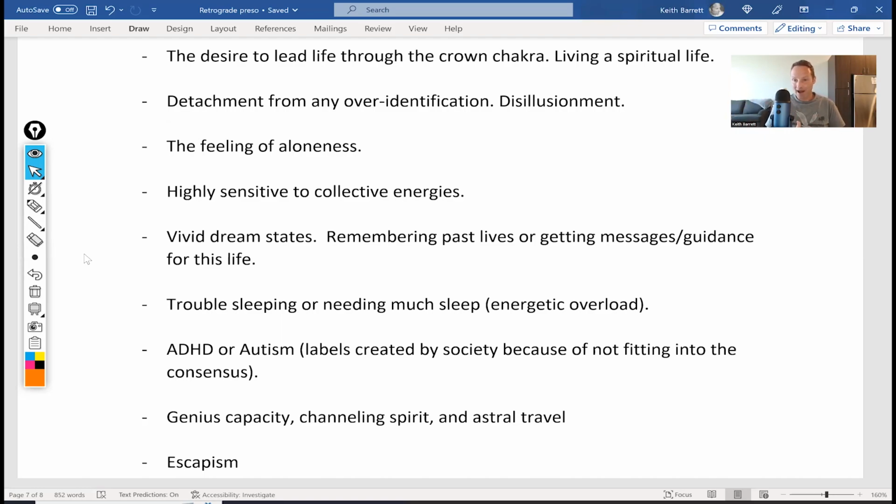And so if you have Neptune retrograde and you connect with ADHD or autism, or being labeled as that, or you identify with that, a Neptune retrograde soul, that could be the case, right? That you do present in a different way than society is normally constructed to fit you, so that you get labeled with these labels, right? And so that can be part of this as well.